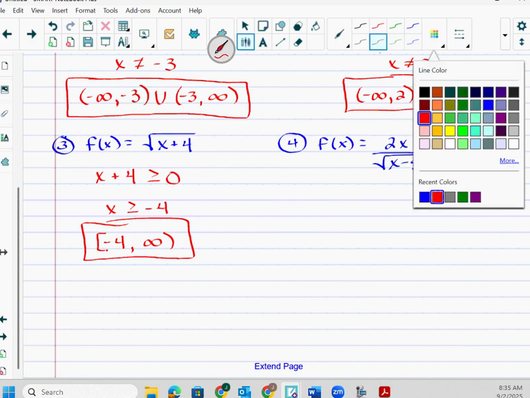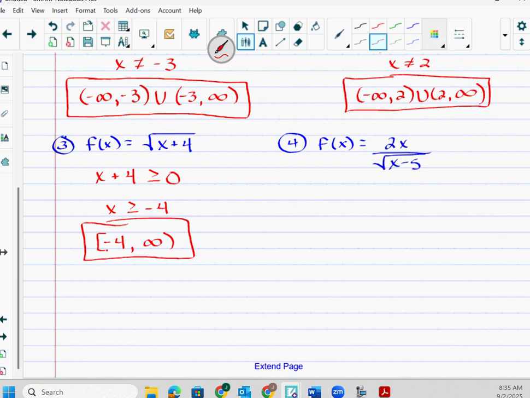So this one, it has a square root, obviously, but it also has a fraction. Okay, so we have to combine those two rules. So normally you would take what's under the square root, this x minus 5, and say that needs to be greater than or equal to 0. Do I want that to equal 0?